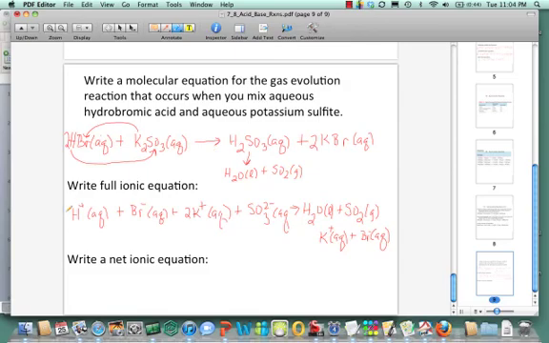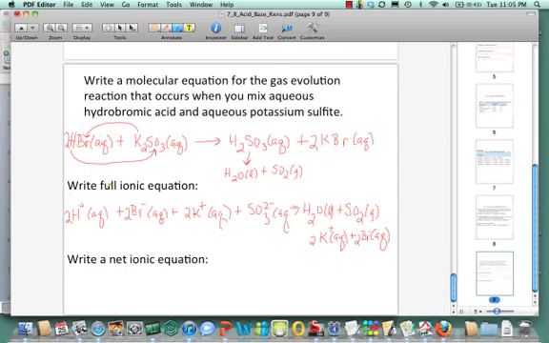So we need to come down here and change this to a 2, this to a 2, this to a 2, and this to a 2.